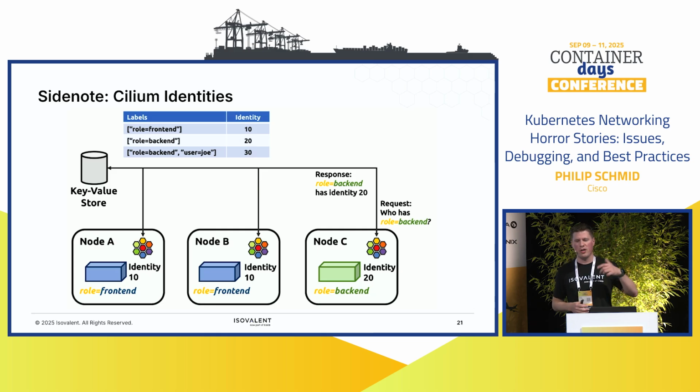And because of that, Cilium introduced the Cilium identities construct, which essentially abstracts uniquely labeled pods. It basically takes all the labels that are assigned to a specific pod, and it then generates a Cilium identity for each of those unique label sets. So here in this example, if we have role frontend trying to connect to role backend, we don't do any enforcement based on IP addresses. Cilium just does it based on the identities.